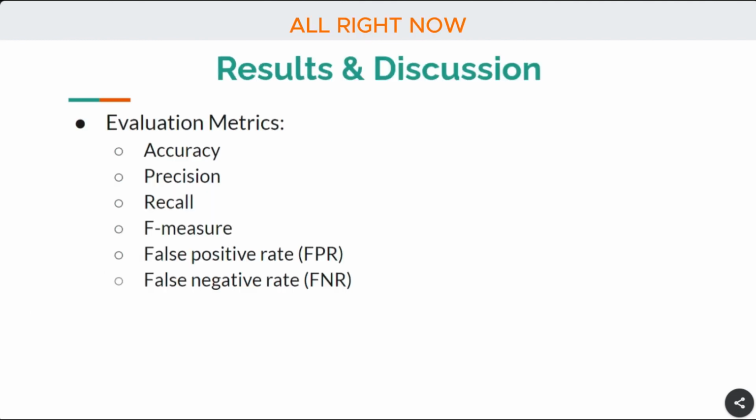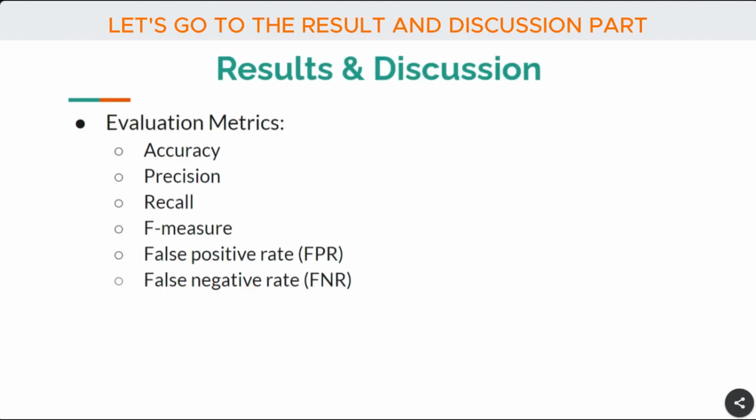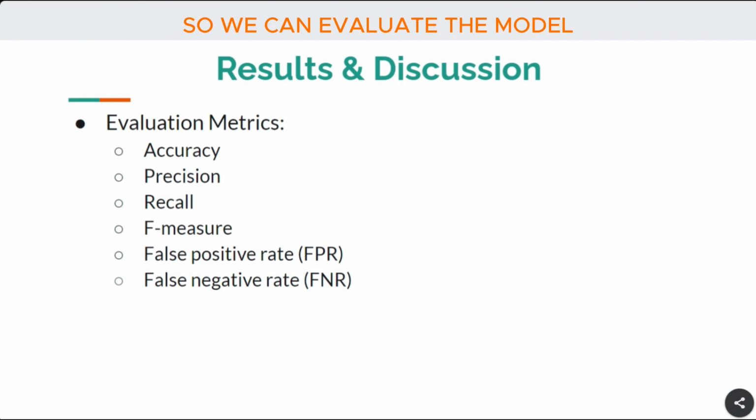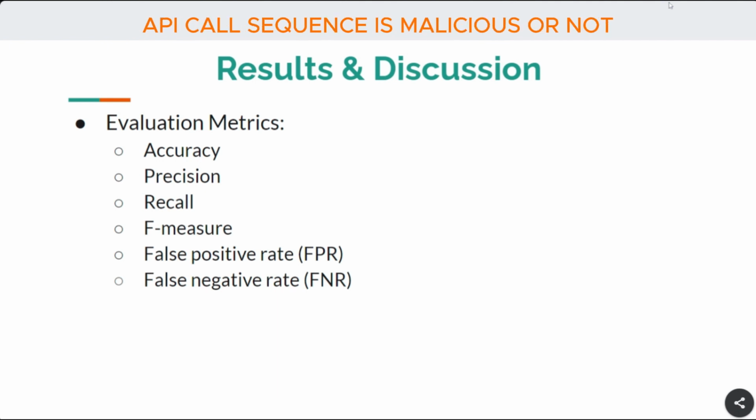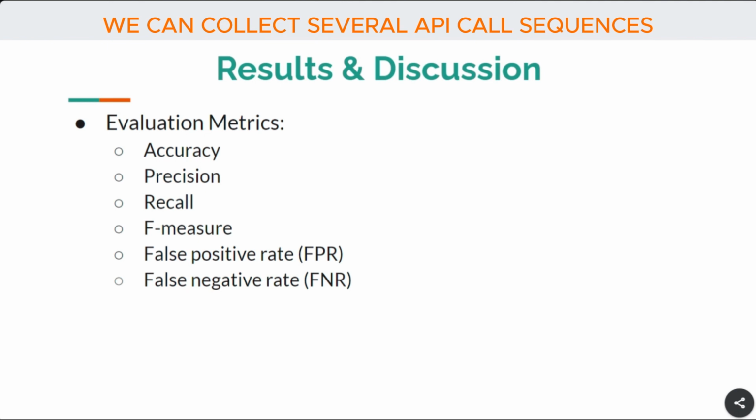All right, now let's go to the results and discussion part. We can evaluate whether the model can correctly detect and predict whether the given API sequence is malicious or not. To validate the approach, we collected several API sequences.